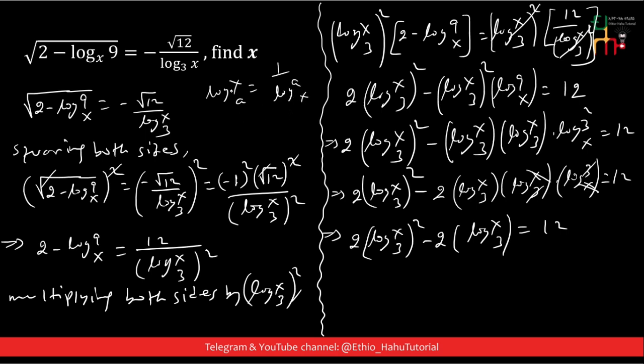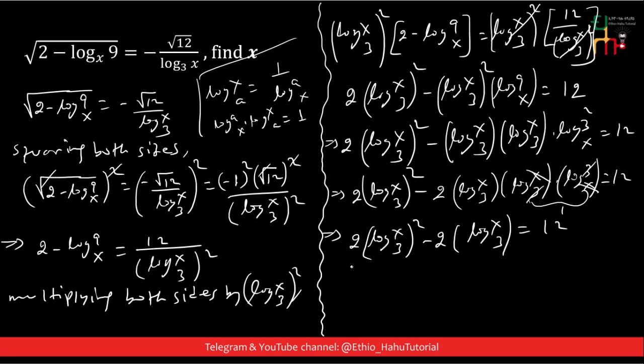Multiplying both sides by logarithm of a to the base x, logarithm of a to the base x times logarithm of x to the base a is equal to 1. So this is 1 times logarithm of x to the base 3, which is logarithm of x to the base 3, times 2 minus 2 logarithm of x to the base 3 is equal to 12.